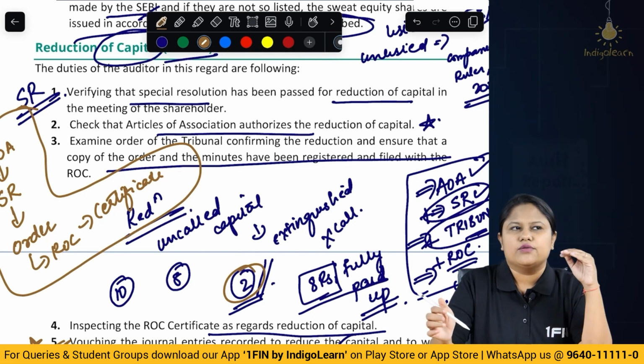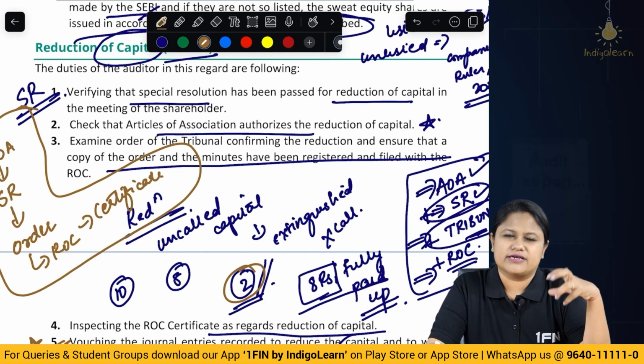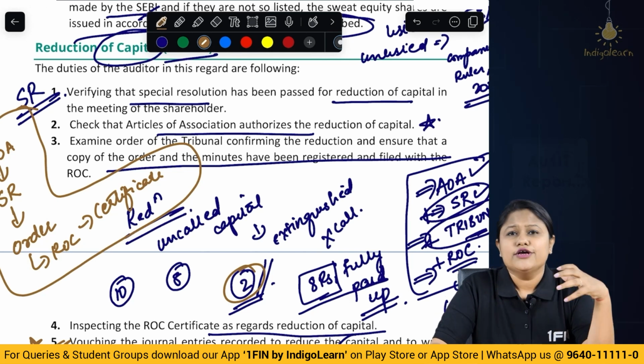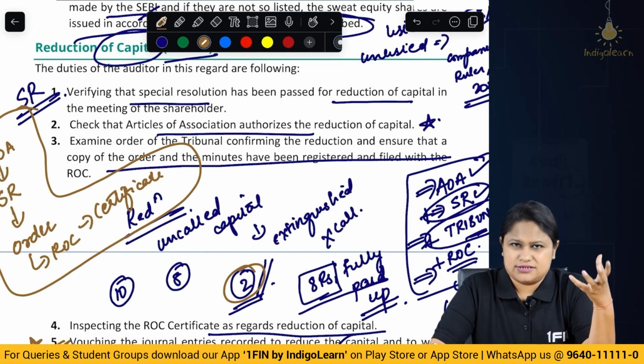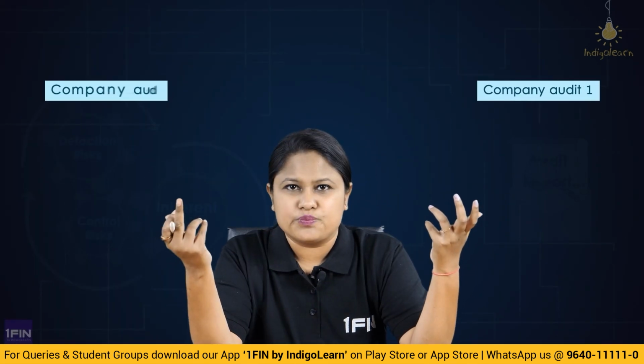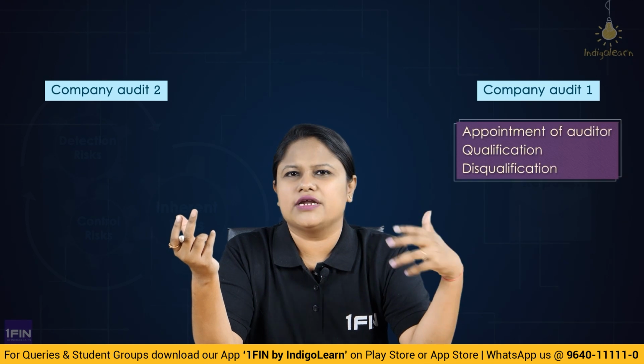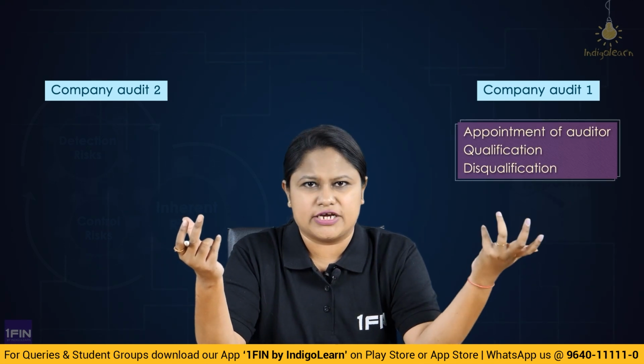Now understand, when we studied audit earlier, the framework was different when it came to all these aspects. We were dividing the entire chapters into two parts, which we used to call company audit 1 and company audit 2. In company audit 1, we used to have the basic provisions regarding appointment of the auditor, reappointment of auditor, qualification, disqualification.